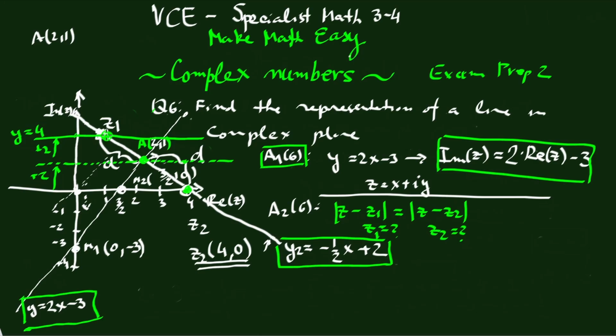So what's this point here? It's simple, it's the intersect of these two. So what we are getting in this point here is y equals 4, first equation, and the second one is y equals minus 1/2 of x plus 2.